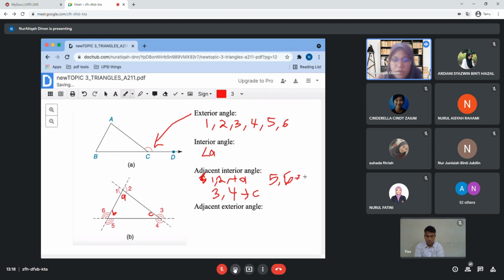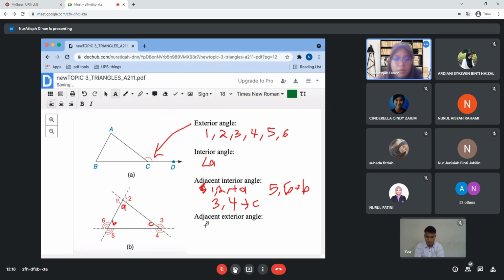Adjacent interior angle dia ialah B. Might as well saya type je kan sebenarnya. Okay. How about the adjacent exterior angle? So adjacent exterior angle tu is the other way around lah. So the adjacent exterior angle for A is 1 and 2.